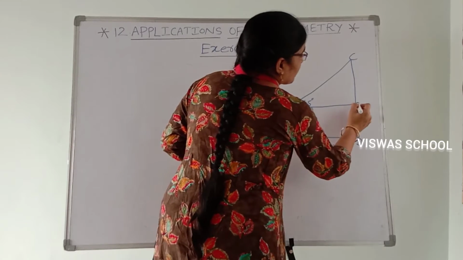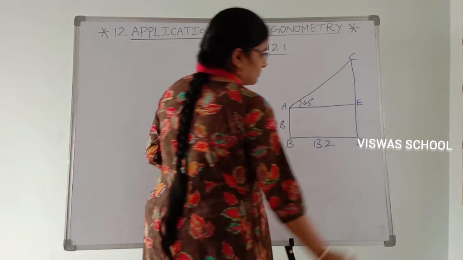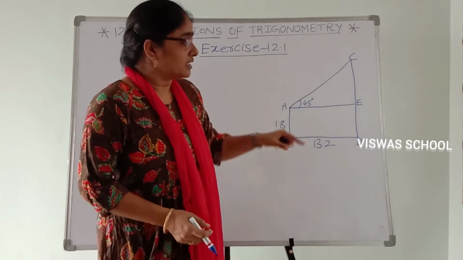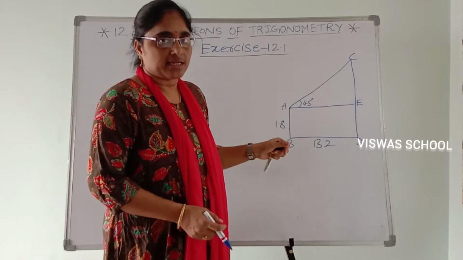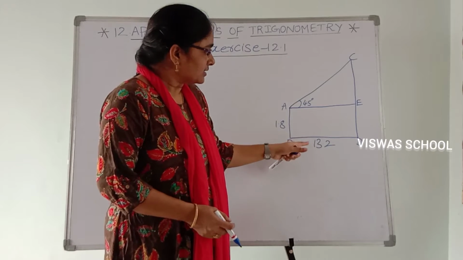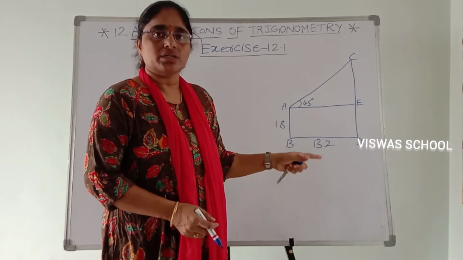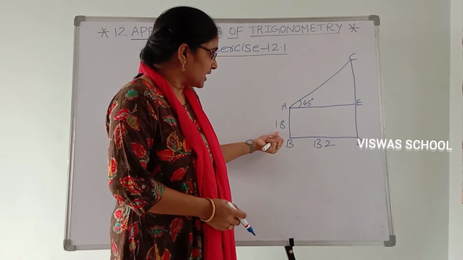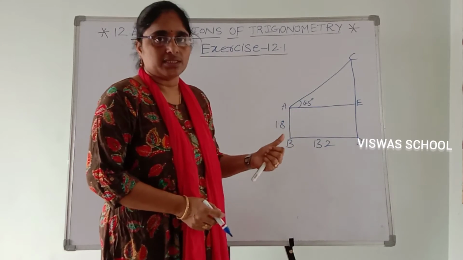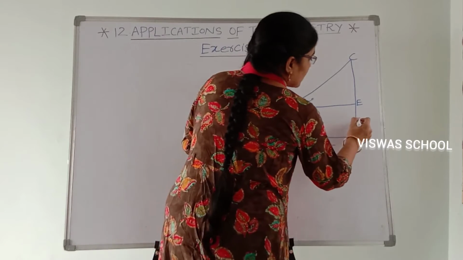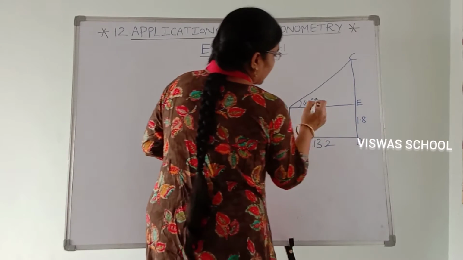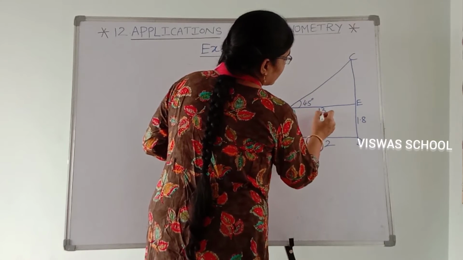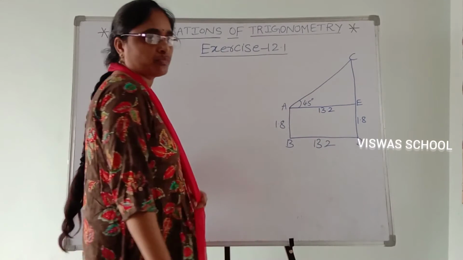Here I am taking E. ABDE is in rectangle shape, that is, opposite sides are equal in a rectangle. So AB is equal to DE, that is also 1.8, and BD equals AE, that is 13.2.